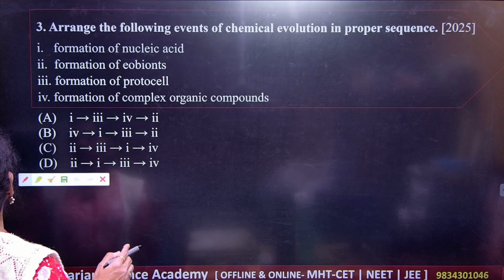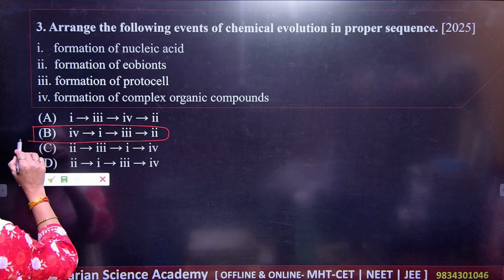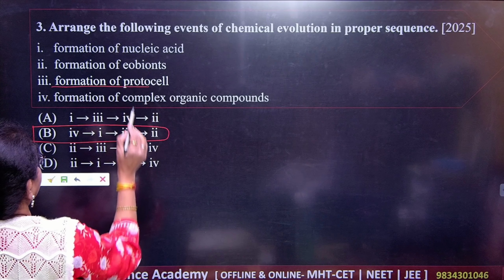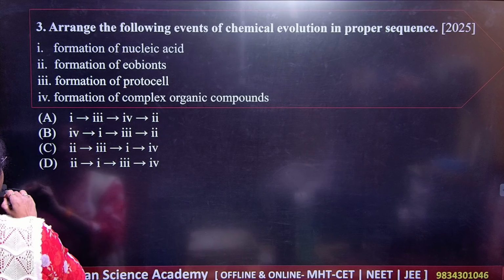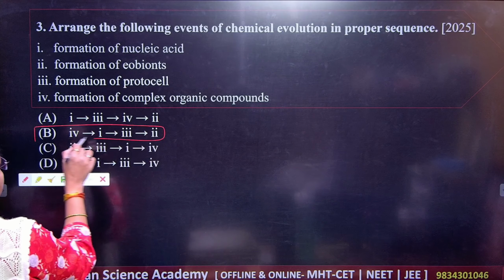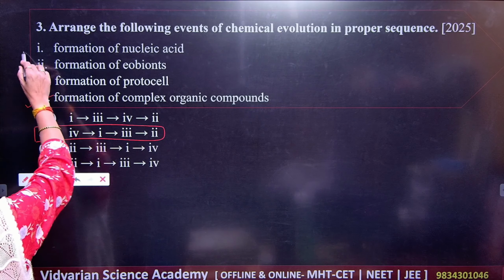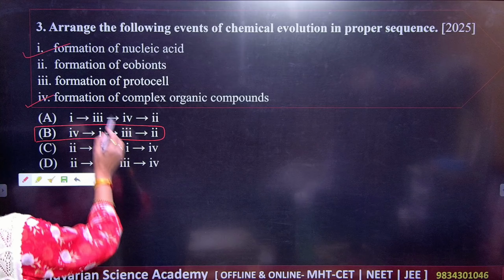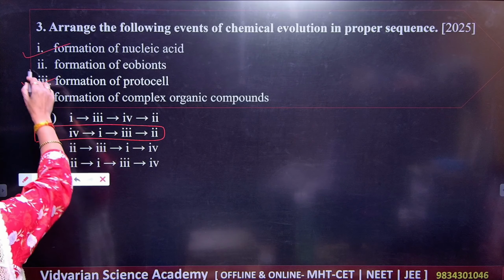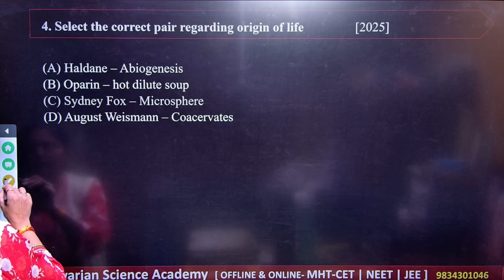So what should be your correct answer? Here B is your correct answer. Got it? So formation of the complex organic material, then formation of the nucleic acid, then formation of the protocell and formation of the eubions here. So the third option is the correct answer.